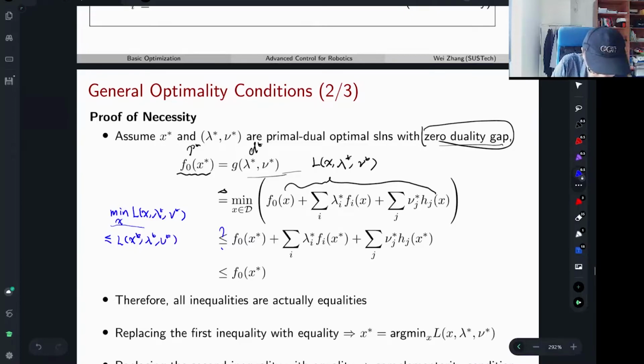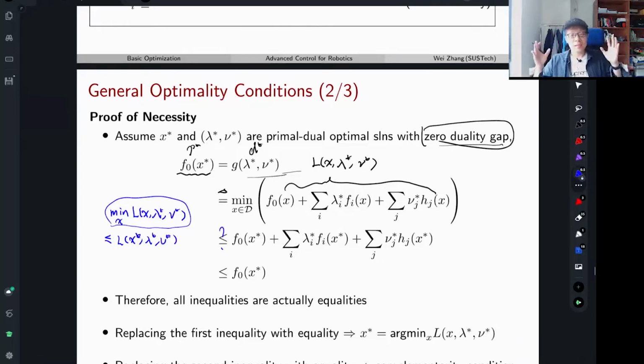Do you agree? Of course, the min over x is definitely less than a particular x. This is a particular x star. That's the definition of min. It has to be less than any x, and in particular I pick x star here. That will be my first step.